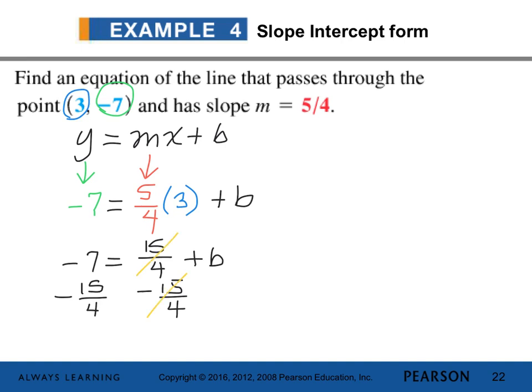That will eliminate it from in front of the b. So I have that b is equal to -7 minus 15 over 4.